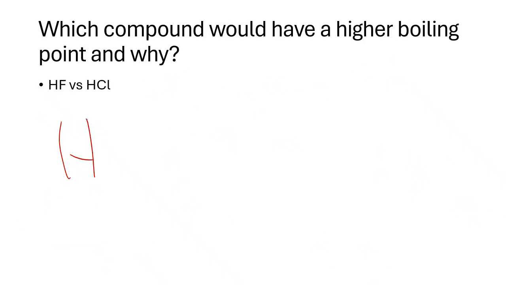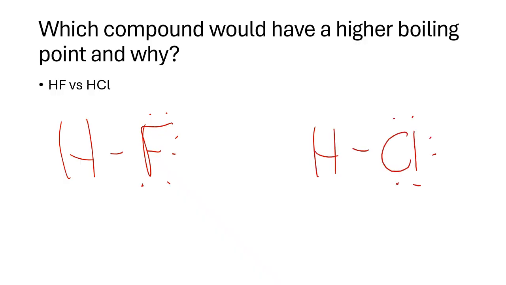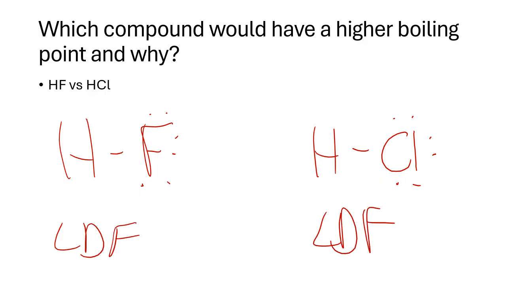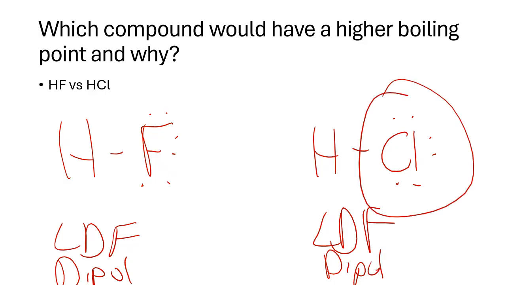Then we have one like HF and HCl, and both have dispersion, and both have dipole. What's interesting is a student brought up in my 9 a.m., if you had to stop right here, you would think HCl has a higher boiling point than HF, because Cl is bigger than F and has more electrons.